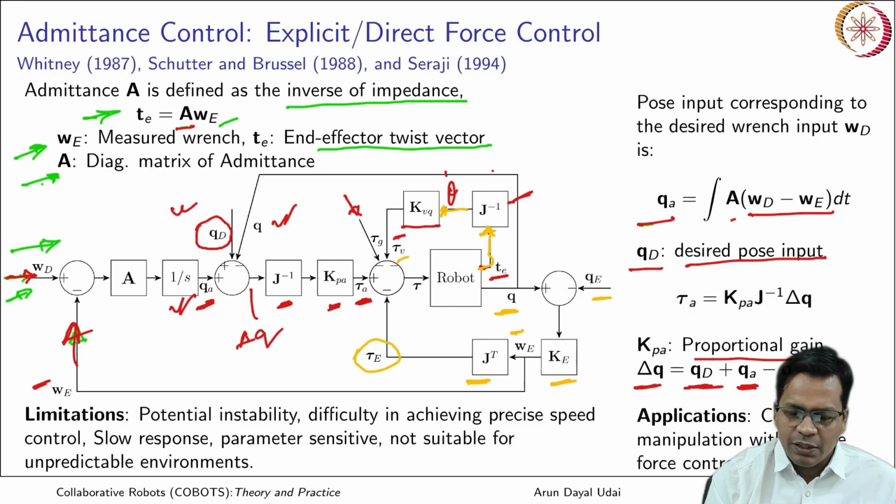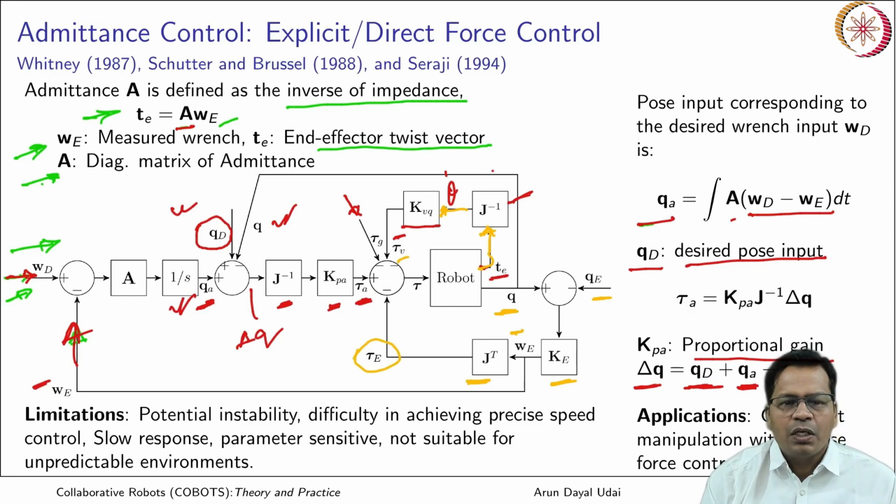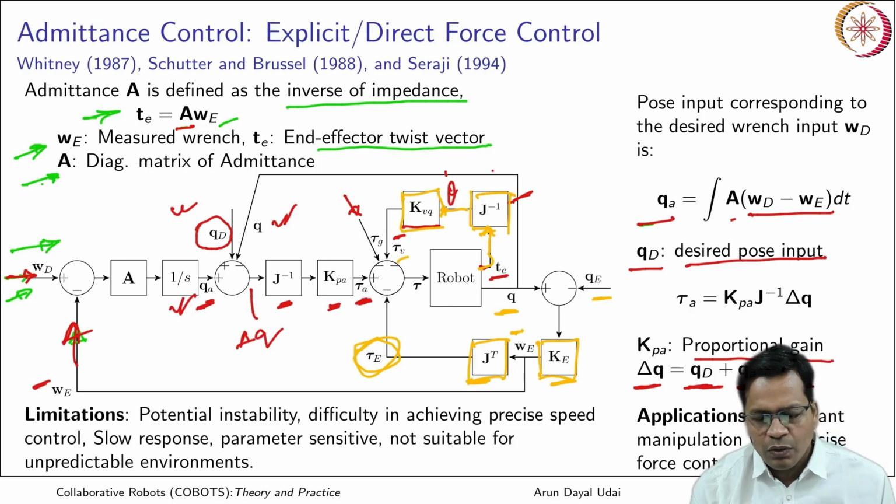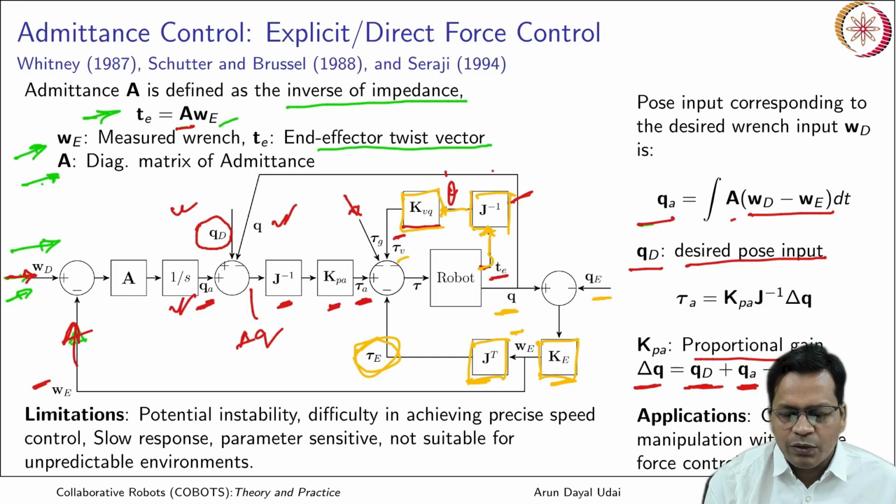Again this is a simulation-only case. In case of a physical robot, you need not calculate it. So all the yellow blocks are there only in case of simulation; with a real robot you need not worry about them. This is how the admittance controller would work.